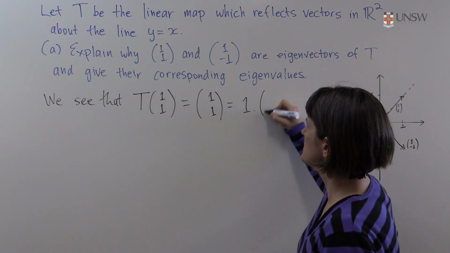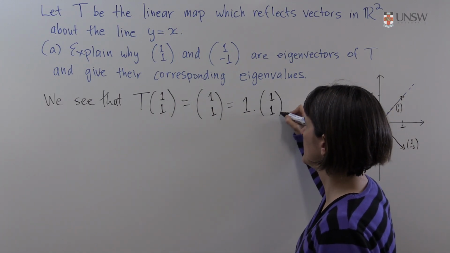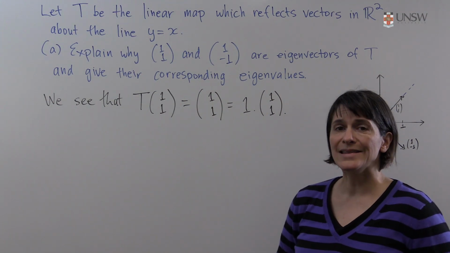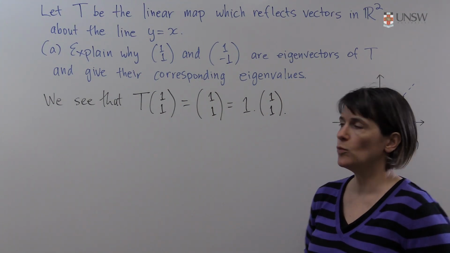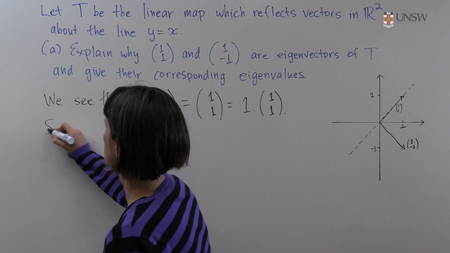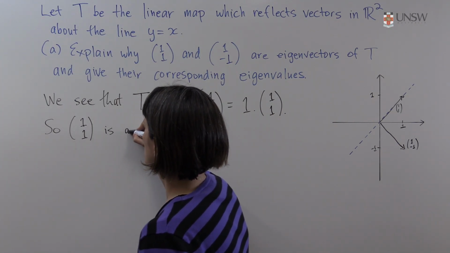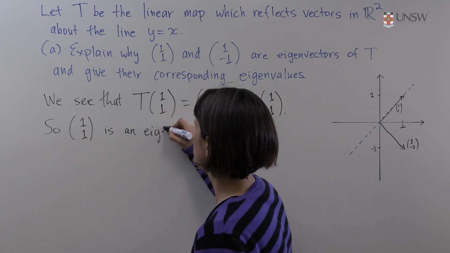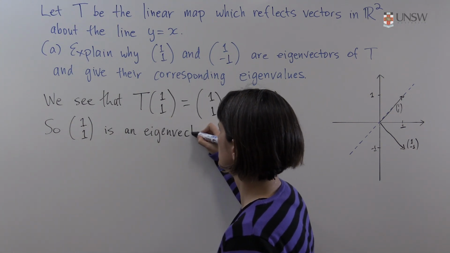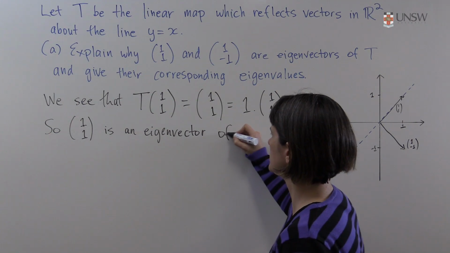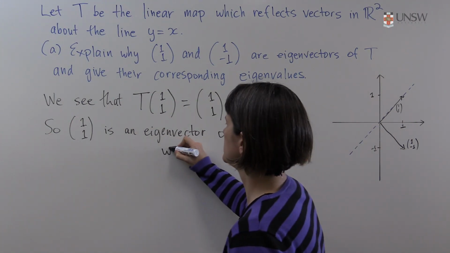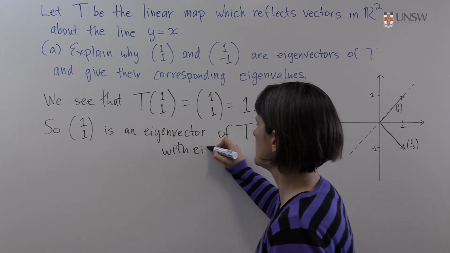Obviously, the constant is 1. So the vector (1, 1) is an eigenvector of T with eigenvalue 1.